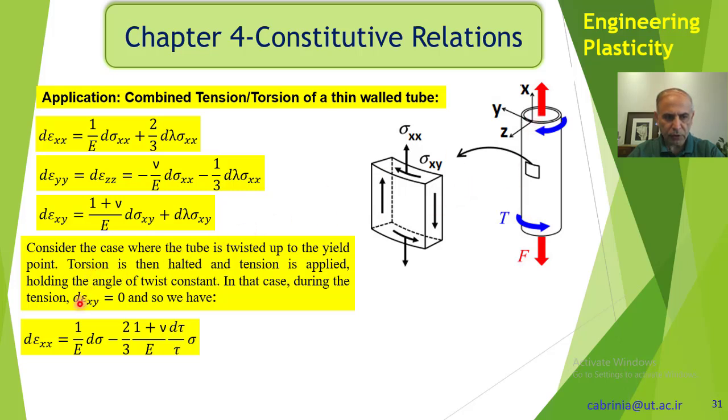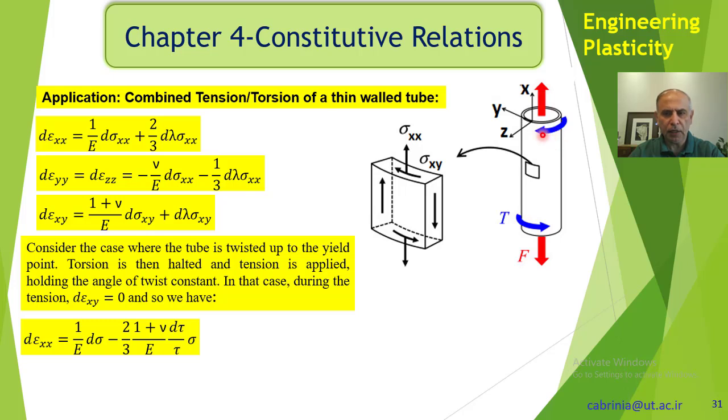If we stop the torsional loading, no shear stress, okay? No shear strain. When we have no shear strain, of course we have no shear stress because we are in the plastic region and everything is frozen, you know? We have deformation in the plastic region, but it's frozen because it's plastic deformation. And because we are not applying any more torsional loading, we don't get any shear stresses and we don't get any shear strains.